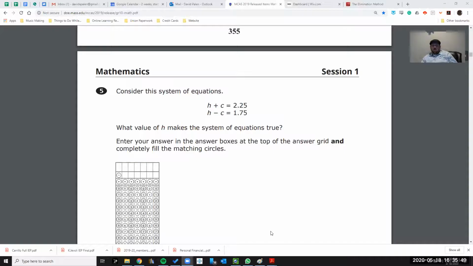Okay. So what we have here is we have to talk about what a system is. At its most basic level, for the sake of what we're doing here, we can understand a system as just two different equations that are lined up, one above the other. And for this MCAS prep, a system just has two different variables in it.